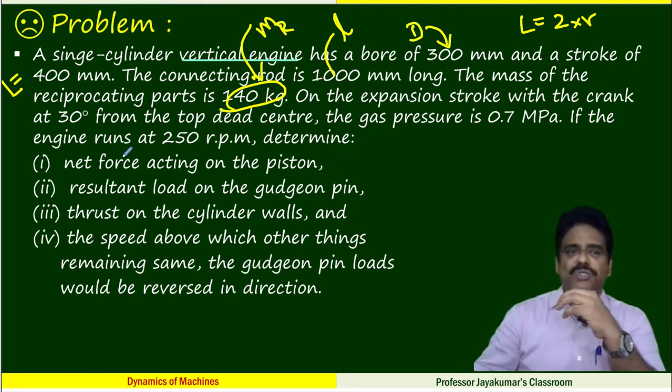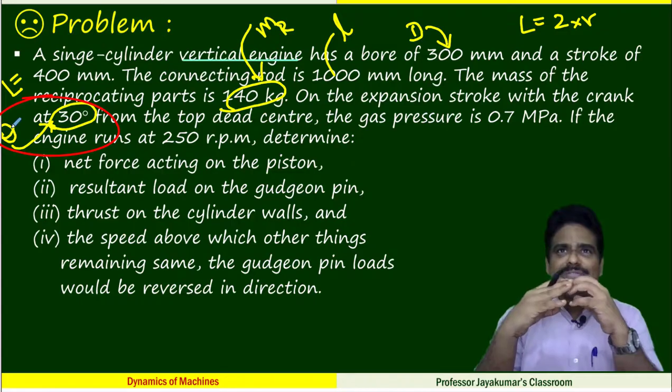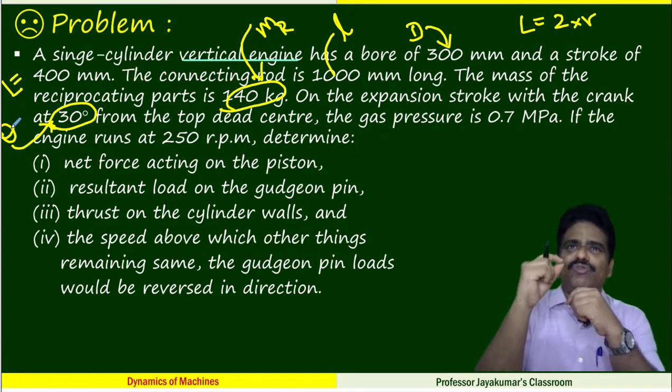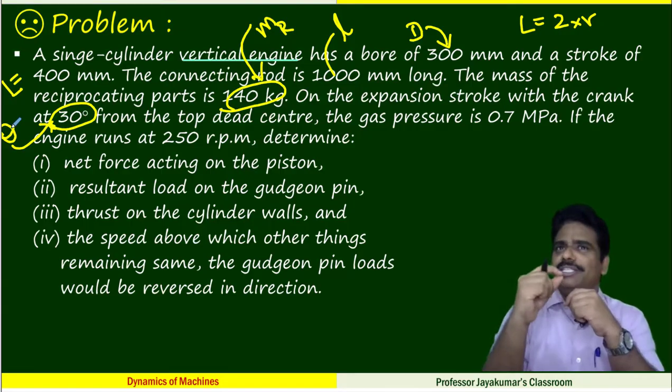During the expansion stroke, when crank angle is 30 degree, when crank has moved 30 degree from top dead center, they want the answer. When theta varies, all the force component values would be varying. What they wanted is when theta equal to 30 degree, they need the required data.